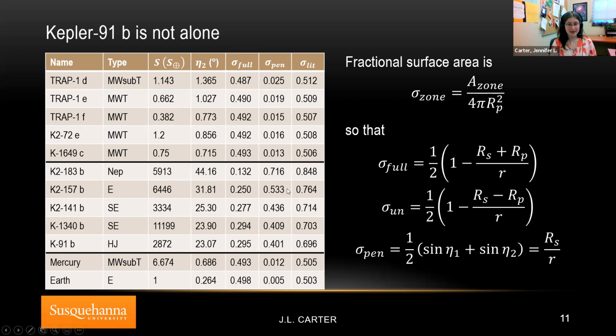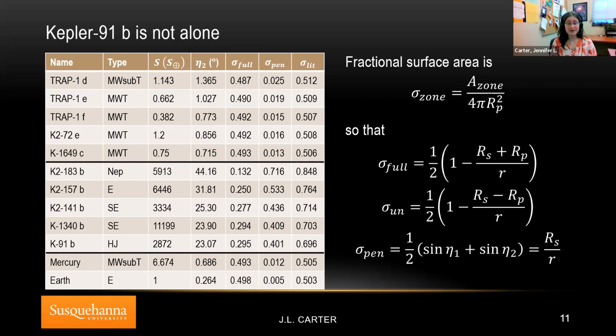These 5 exoplanets are from the NASA Exoplanet Archive, that confirmed data set where we actually have measures of the radius of the exoplanet and some idea of the star-planet separation. We see that the largest penumbral zone is for K2-18 3b, and this is as of, I got this data back in May, so it's a little old, but it shouldn't change too much.